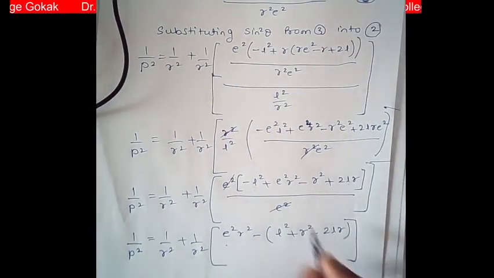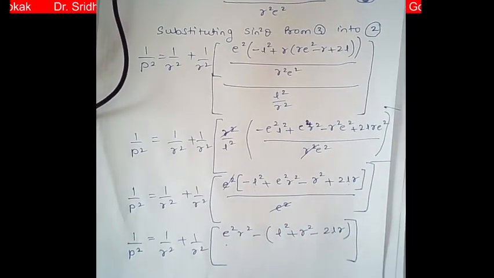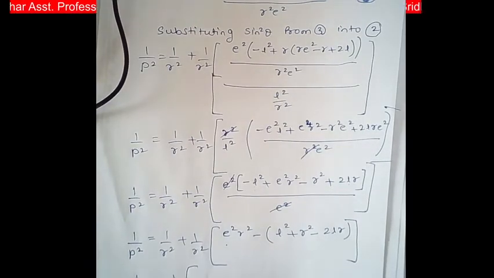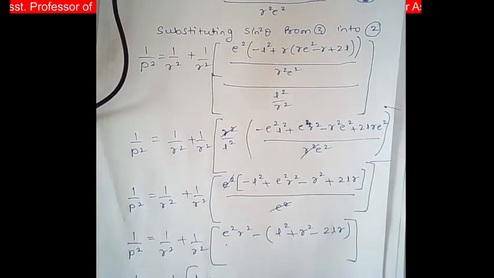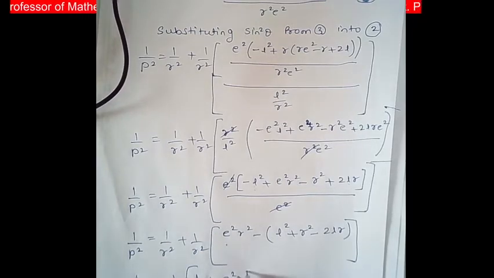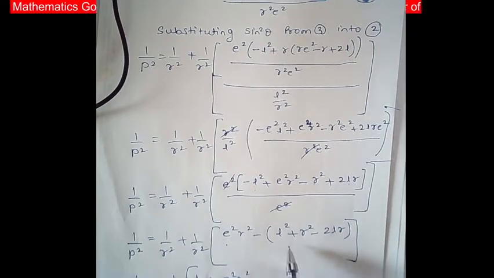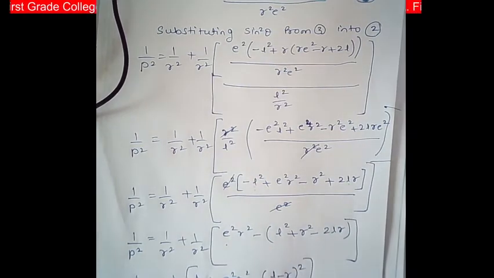So E square already is cancelled. Now 1 by P square is 1 by R square common, 1 plus e square R square minus, and this is nothing but the A minus B whole square formula, A square plus B square minus 2AB, which is L minus R whole square.